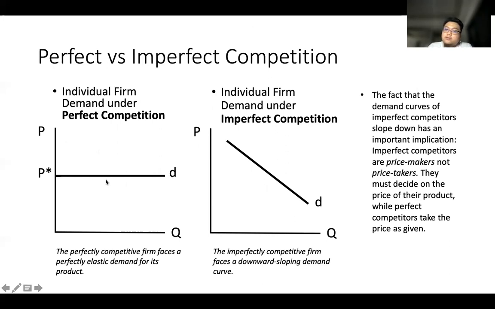In perfect competition, that's the prevailing market price at whatever level of production the firm undertakes. Meanwhile, here, if the firm is an imperfectly competitive firm, at this level of quantity, this is the price. At this level of quantity, this is the price, and so on and so forth.